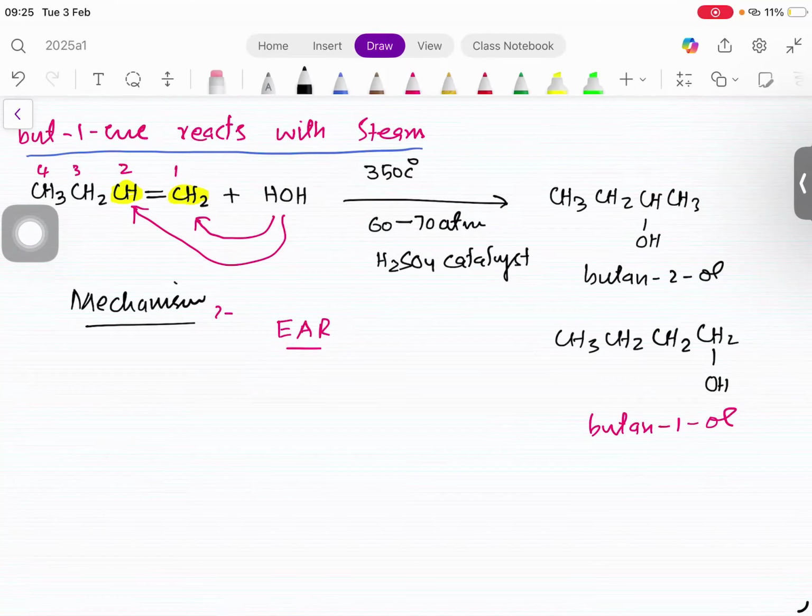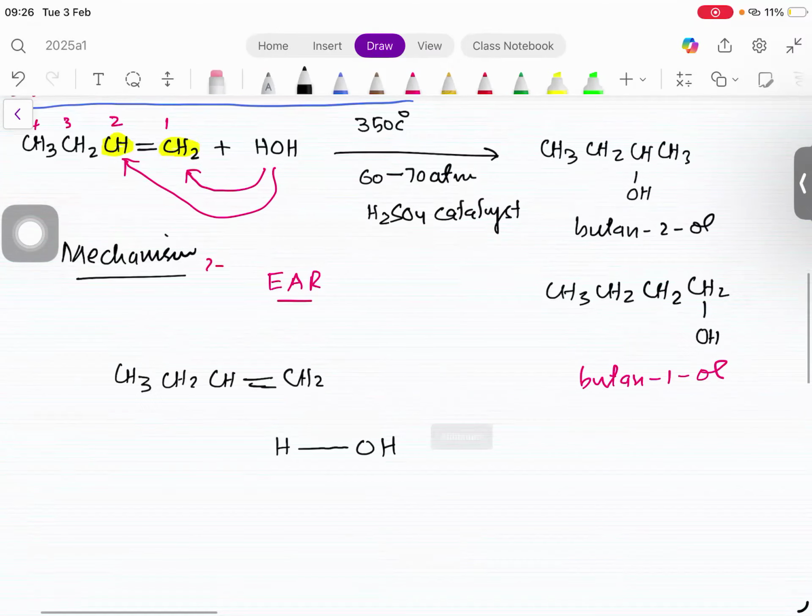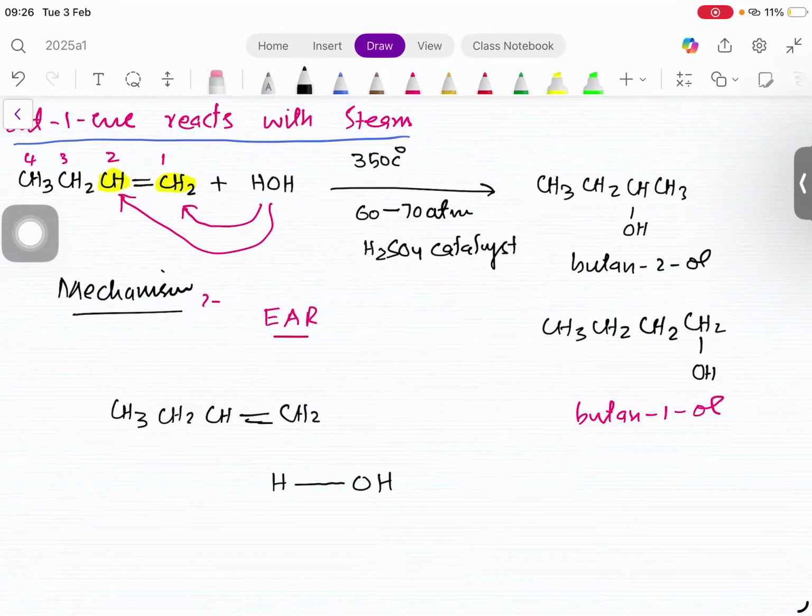So let's start with the first one. It is CH3, CH2, CH, double bond CH2, and then HOH. I'm trying to write it in all the different forms in which the examiner presented it. So instead of writing it upside down, now I'm writing it like this. Pay attention. This side is partial positive.